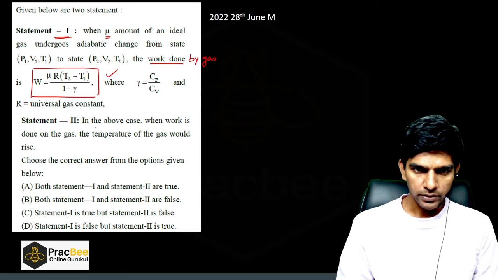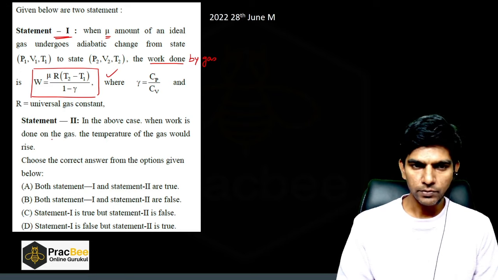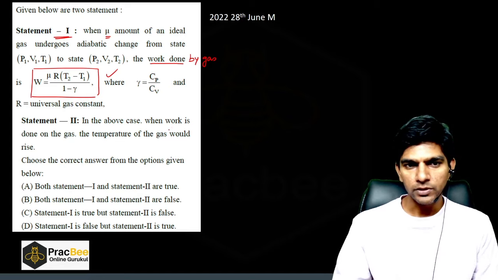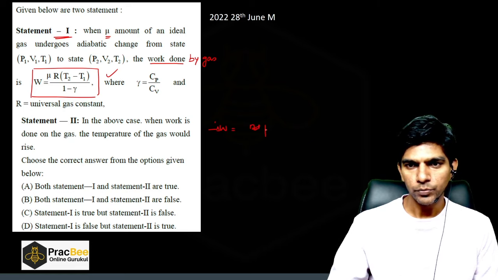Now statement 2: in the above case, when work is done on the gas, the temperature of the gas would rise. So work is done on the gas, so minus W will be mu R (T2 minus T1) divided by gamma minus 1.